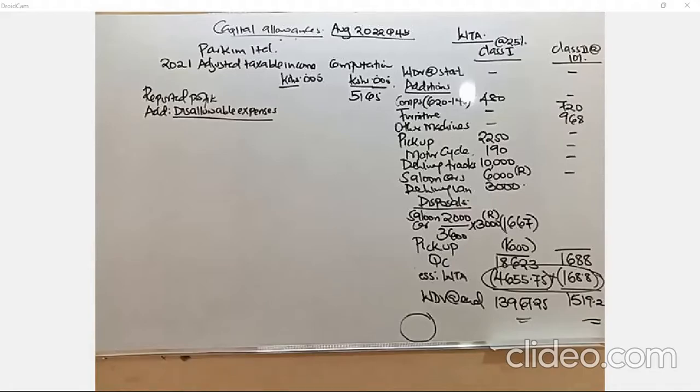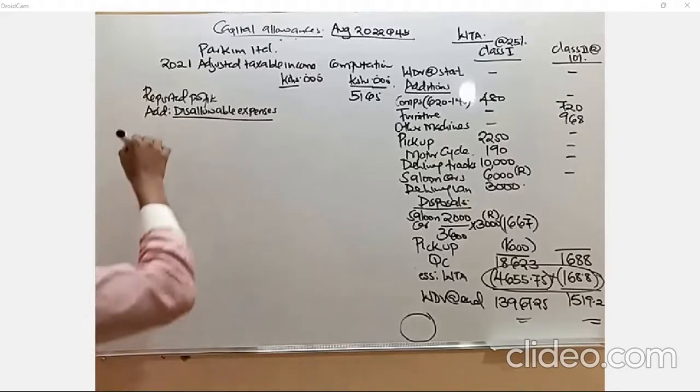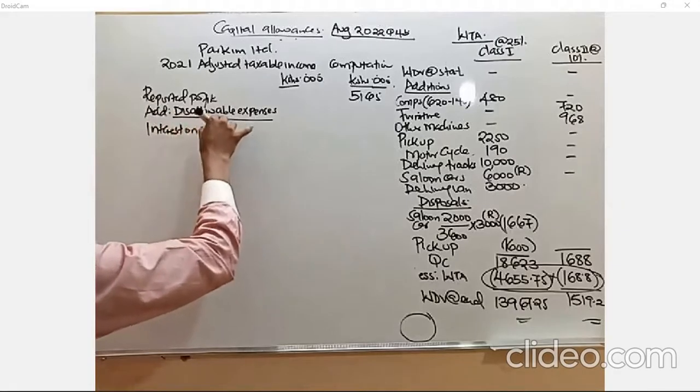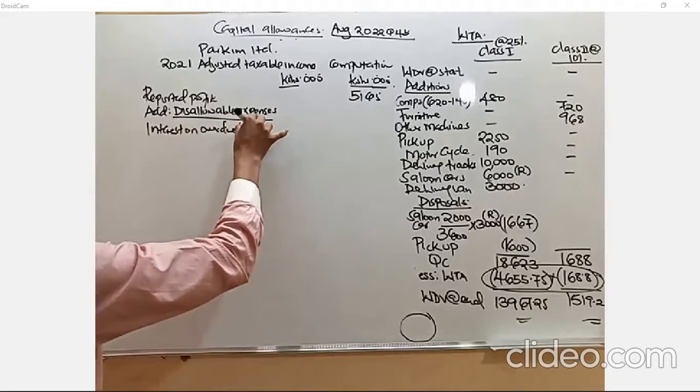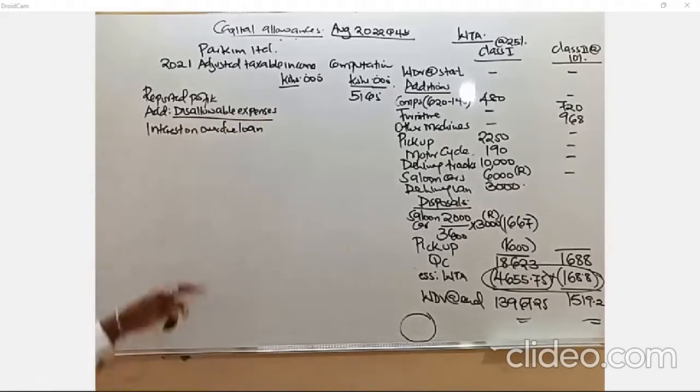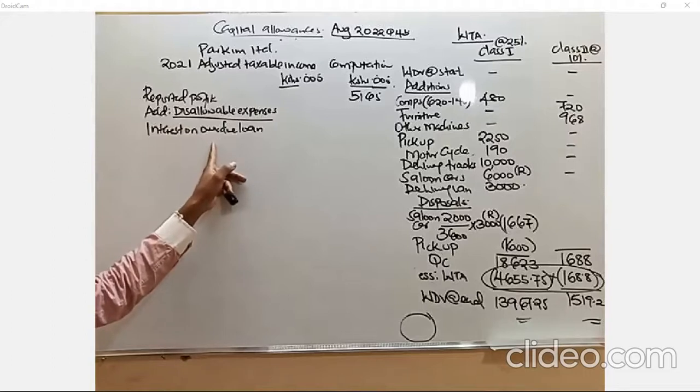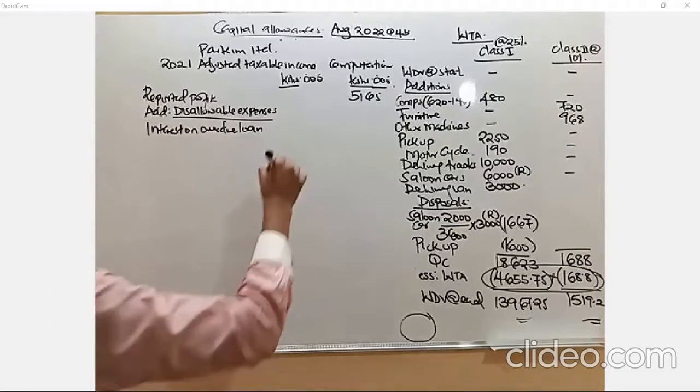The interest expense included the hire purchase interest for the computers, which is an allowable expense. We have the interest on overdue loan. We normally have the interest on loan, which is allowable, but this is an overdue. So in this case, we talk about 200 here.